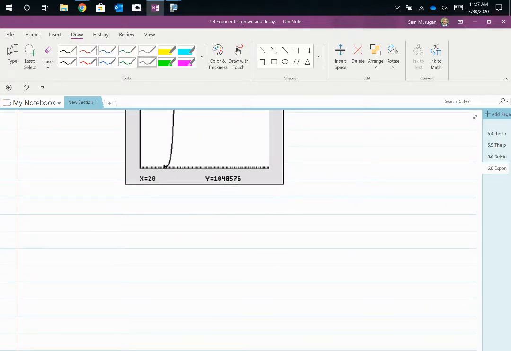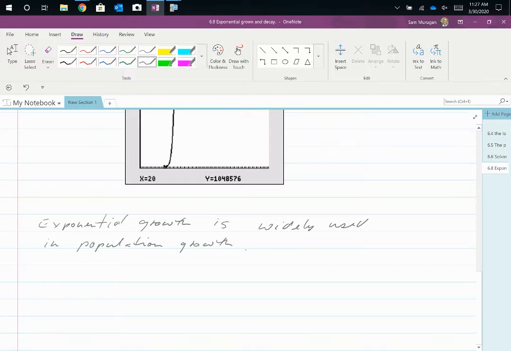Now, exponential growth is widely used in population growth, finance, and even in the movies.